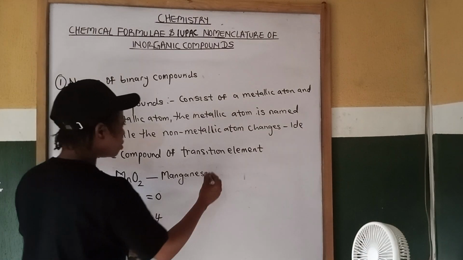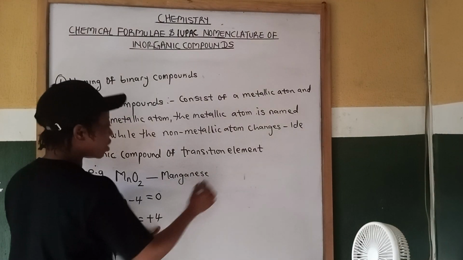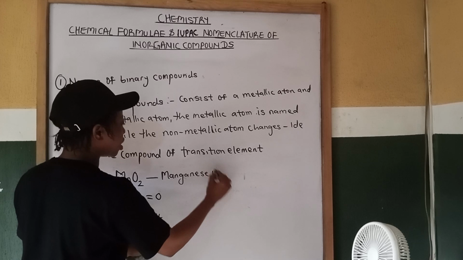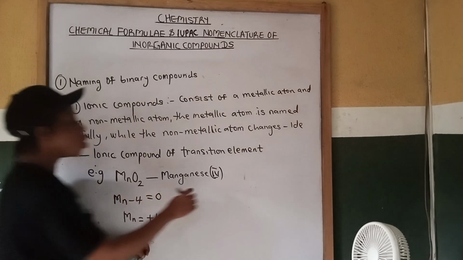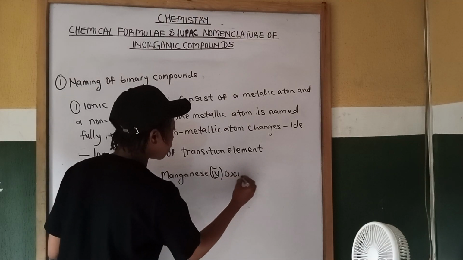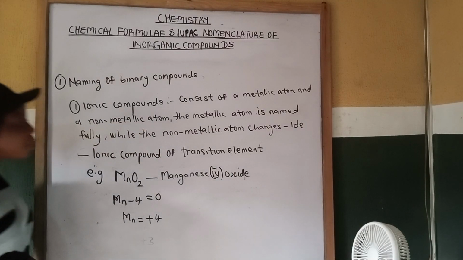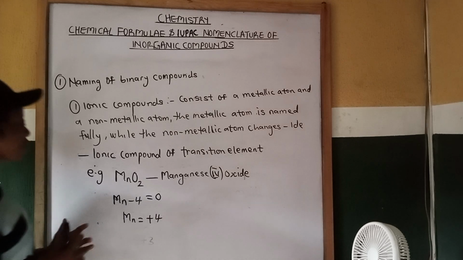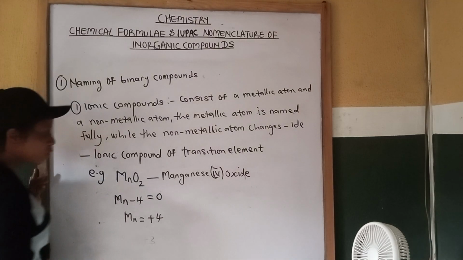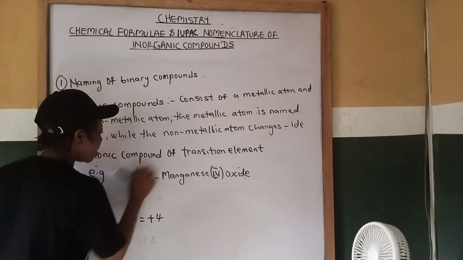So you write the oxidation number as manganese 4. Oxygen will change to oxide. So the name of this compound is called manganese 4 oxide. So let's take another example.